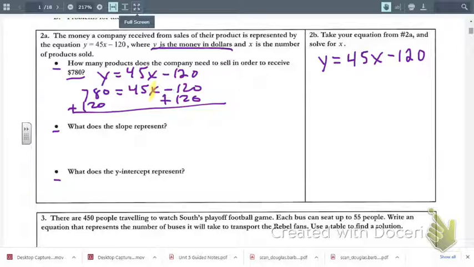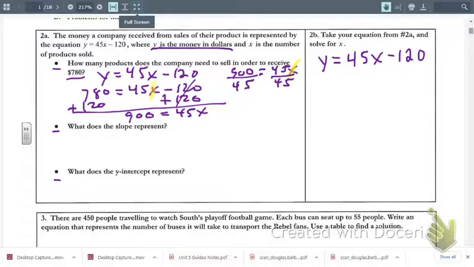And that's going to give us 900 equaling 45x. That cancels. All right, I'm going to come up here. I'm running out of space. So 900 equals 45x. I got to get this x by itself. So I have 45 times x. What undoes multiplication? Its inverse operation, which is division, will help us do that.